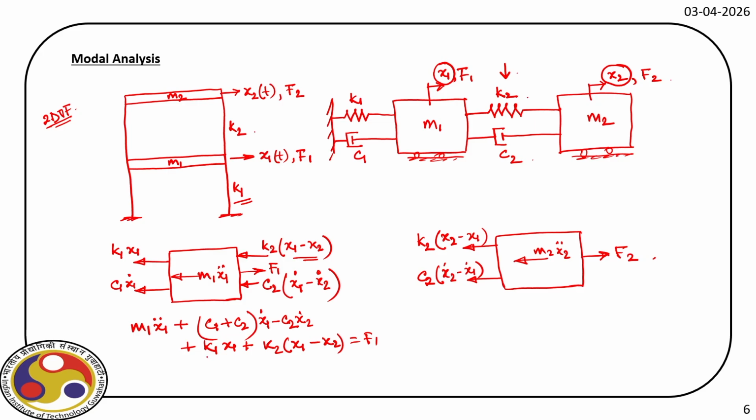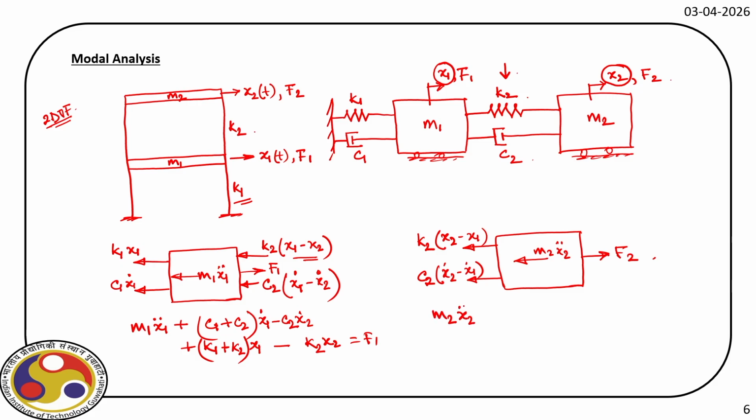Likewise, this k1 x1 and we have k2 x1 here, so we can add (k1 plus k2) multiplied by x1, so we can simplify that. So (k1 plus k2) times x1 minus k2 times x2, right?